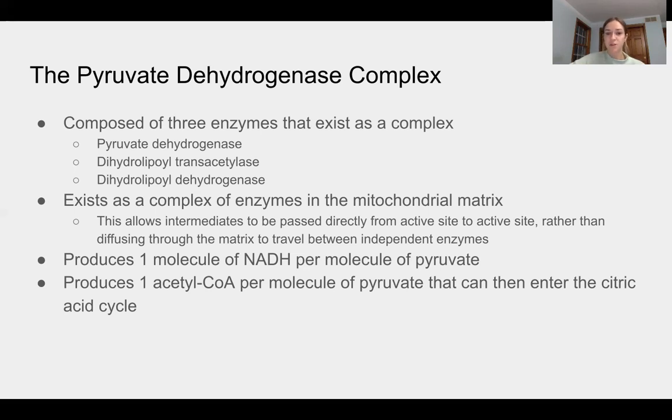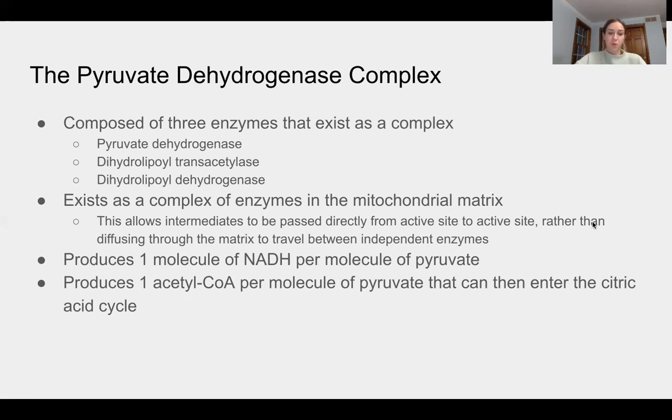We're not going to really go into the mechanisms of these, just because it's not very high yield on the MCAT, but glycolysis and the Krebs cycle are, so I really want to put our focus on that today. But it's just important to know that there are 3 enzymes in a complex, be familiar with the names of those enzymes, and that they exist in the mitochondrial matrix for eukaryotic cells.